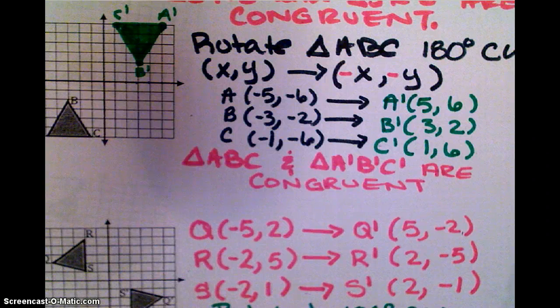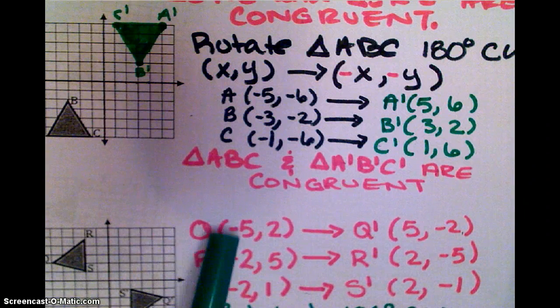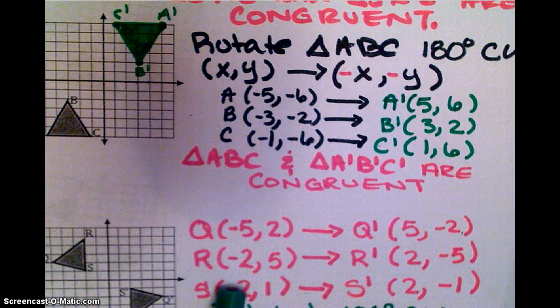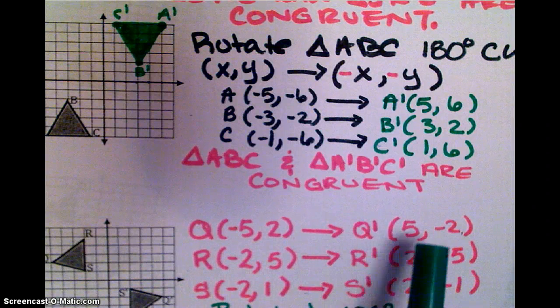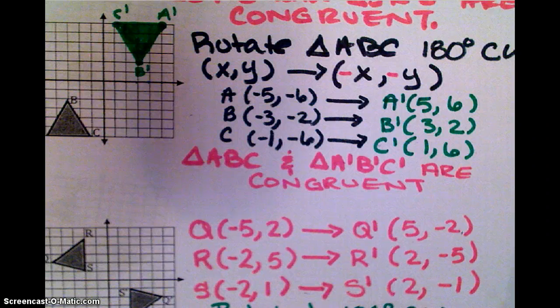Okay, you're back, so that means that you have all worked together and figured out the rule that took QRS to Q prime, R prime, S prime. As you can see, I have the original coordinates here, so double check that you have the same. And then I looked at the coordinates of the prime, and double check to make sure that you have the same.